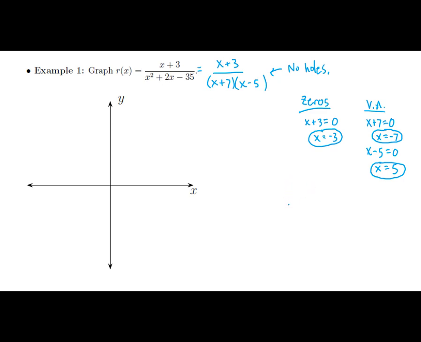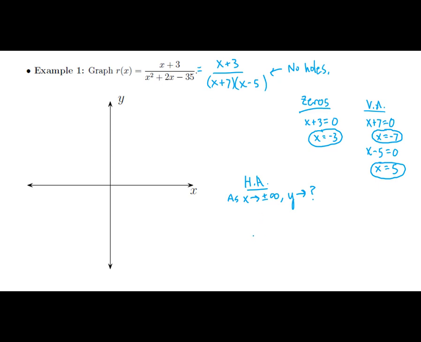All right, so two other things we want to do now. The first is to think about horizontal asymptotes, right? The long-run behavior. So we want to know for horizontal asymptotes, as x goes to plus or minus infinity, y goes to what?